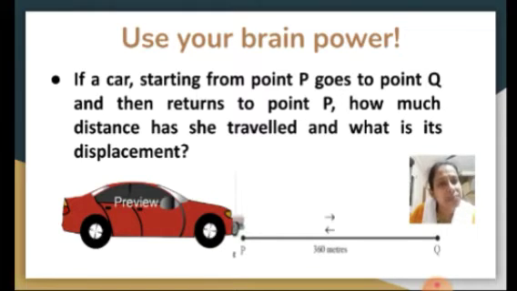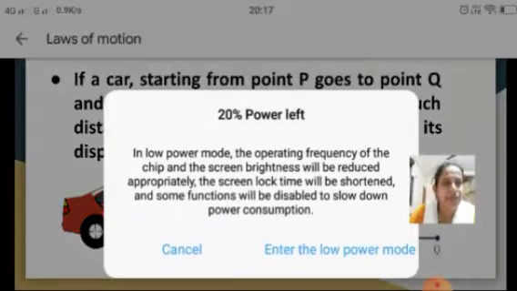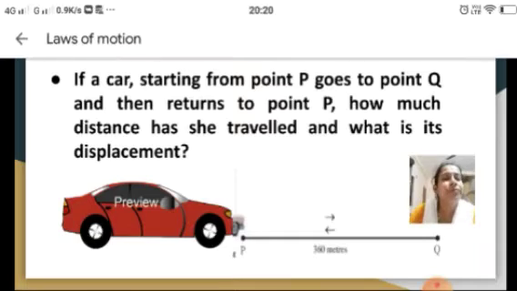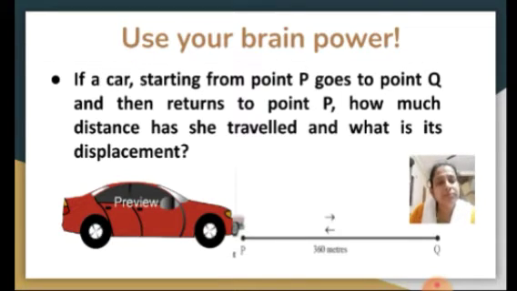But since the displacement is to the same point, it has to come back to the same point. That means it will be 0 again here. Always remember, displacement is related to direction, whereas distance has only magnitude.